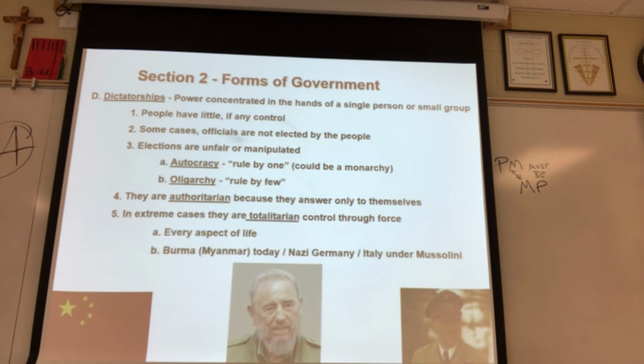Totalitarian. Okay, extreme cases, dictatorships that rule through force. Rule with an iron fist. They control every aspect of life. Totalitarian.